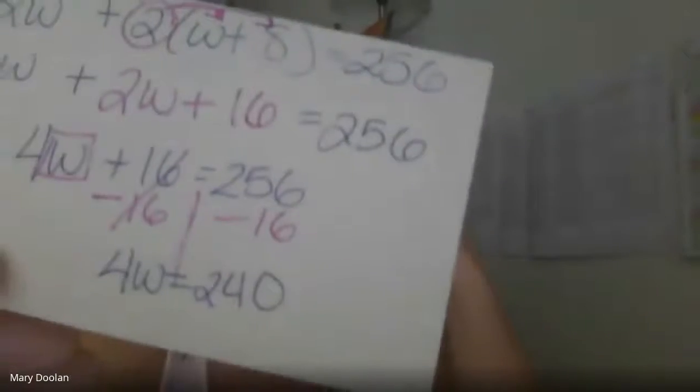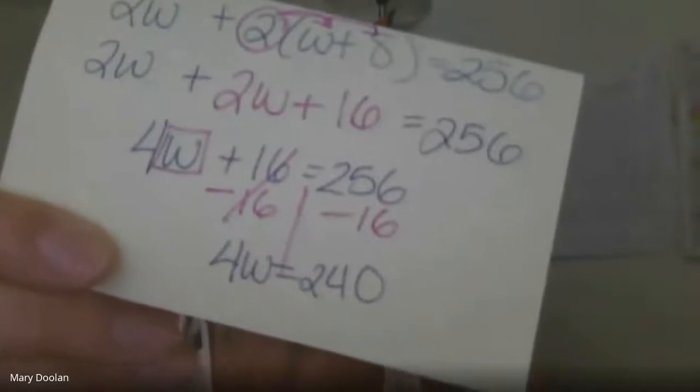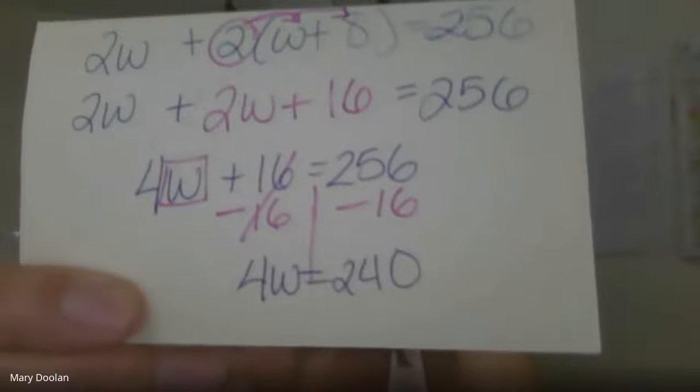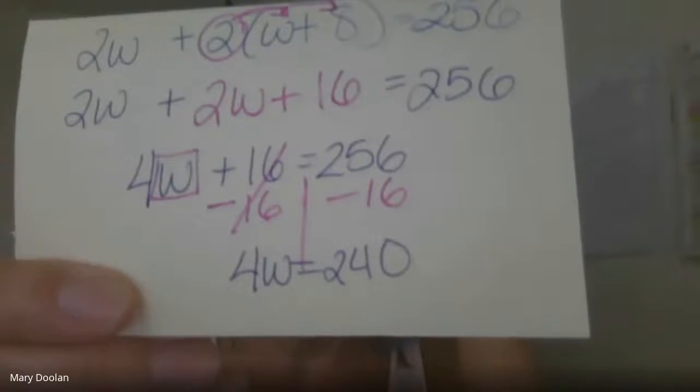You're down to a one-step equation now. Let me tilt it. It's like I'm backwards, so when I tilt it, one way goes the other way. 4 times W is 240. So divide both sides by 4.